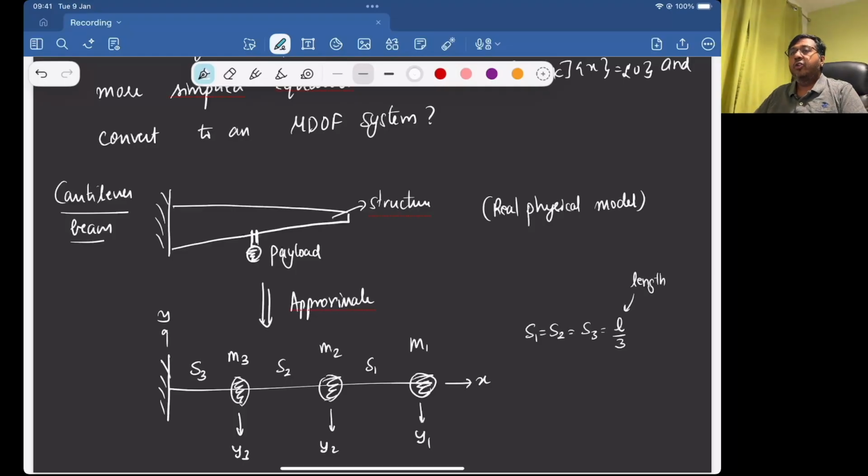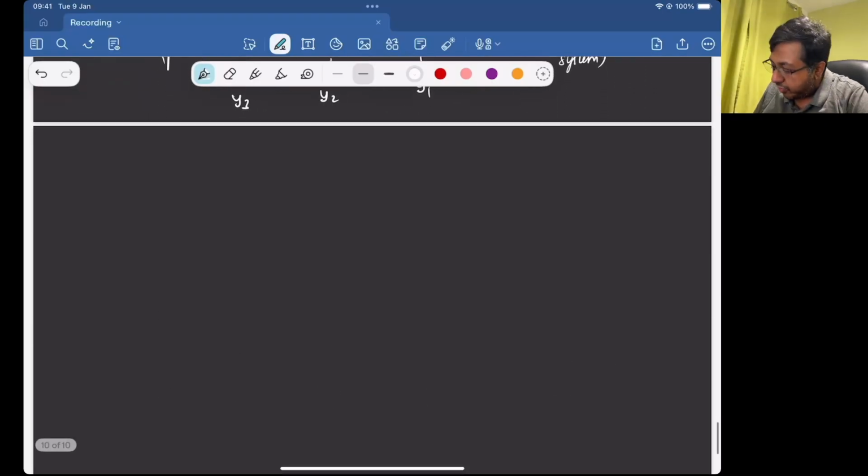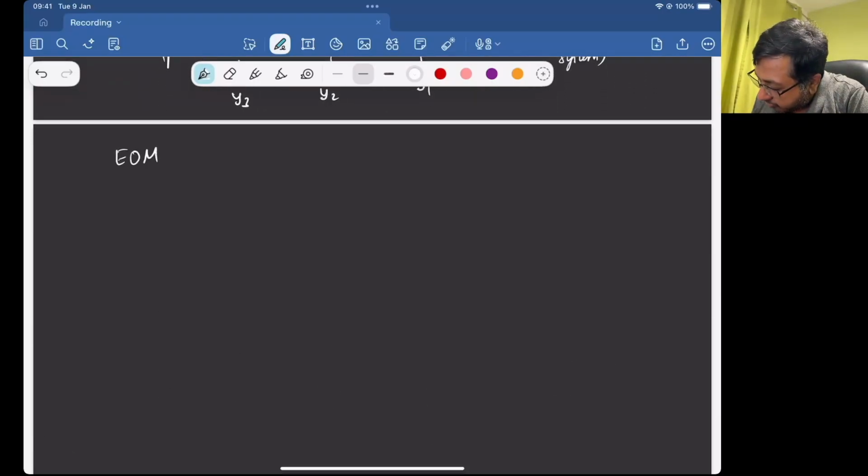Okay, so our goal is to take this complex physical structure and approximate it as this MDOF system. Once we have our MDOF system, we know the equation of motion would be some kind of mass matrix, which I don't know yet, times y1 double dot, y2 double dot, y3 double dot.